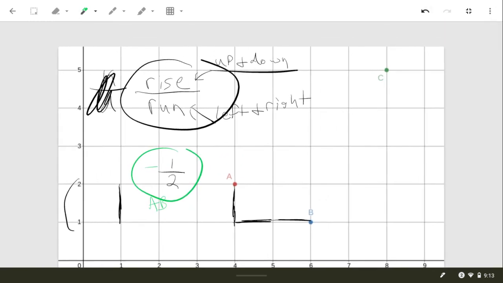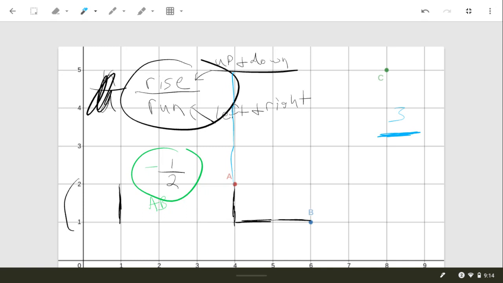All right, let's do A to C. Let me change color here. From A to C, let's count how much it's going up. From A to C, we've got 1, 2, 3. The top number of our fraction is 3.